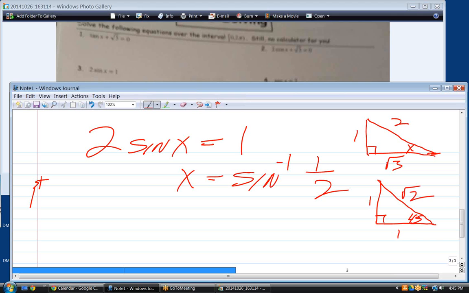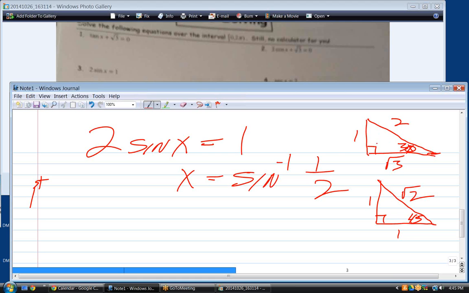These two triangles are going to allow you to figure out any first quadrant angle, trig function, for 30, 45, or 60. That's what all of these are. They're multiples of 30, 45, or 60. So these two triangles are a lot easier to memorize than your unit circle is.